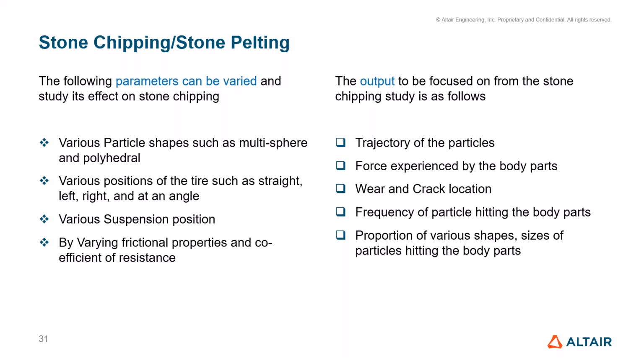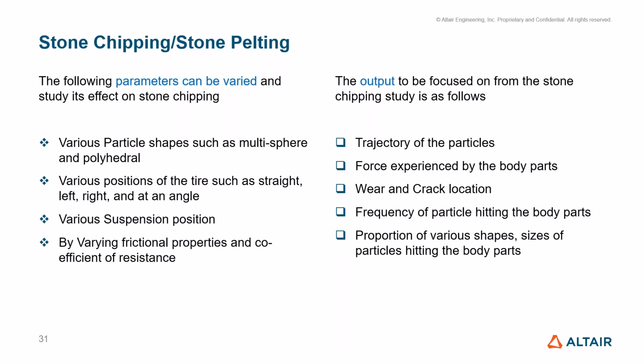Instead of the vehicle moving over a straight road, you can also study the vehicle moving over a gravel bed on a left turn or right turn at different angular positions, which helps to understand the impacts on different components under the influence of different operating conditions. Also various suspension positions, and by varying frictional parameters and the coefficient of restitution, we can study the effect of stone chipping.